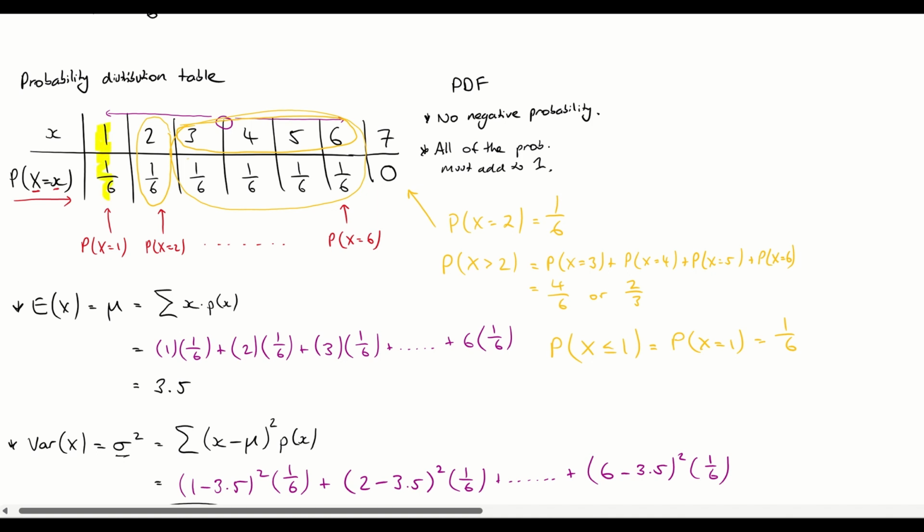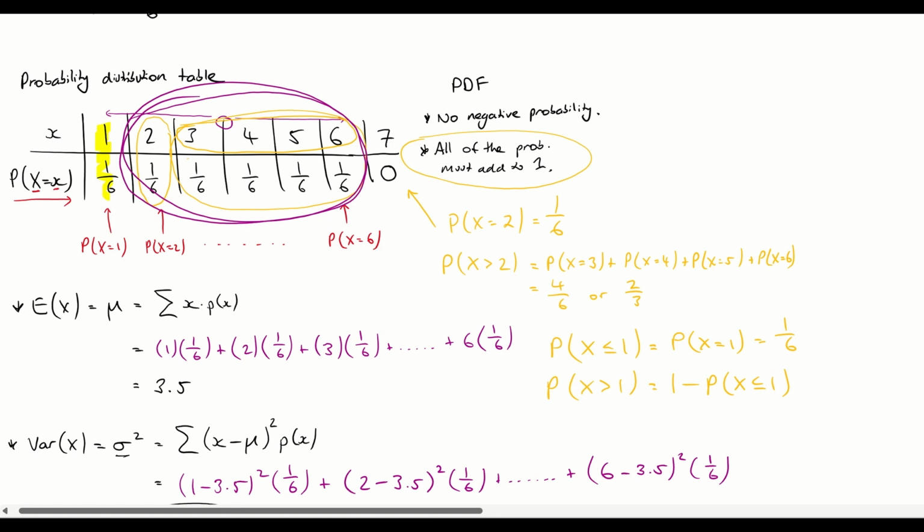But if we were now to ask to work out the probability that x is greater than 1, well, you could add up all of these if you wanted to, or we could just do 1 minus the probability that x is less than or equal to 1, because of the rule that all of our probabilities must add to 1 in total.